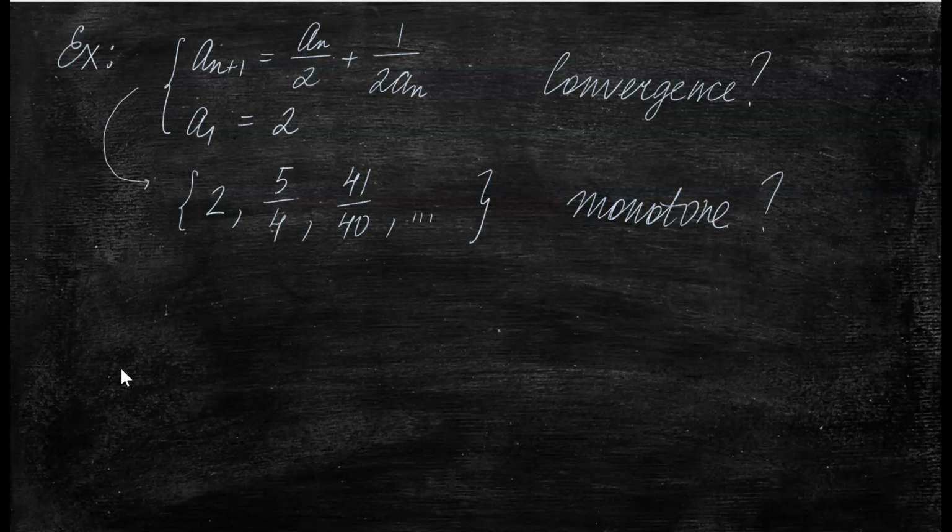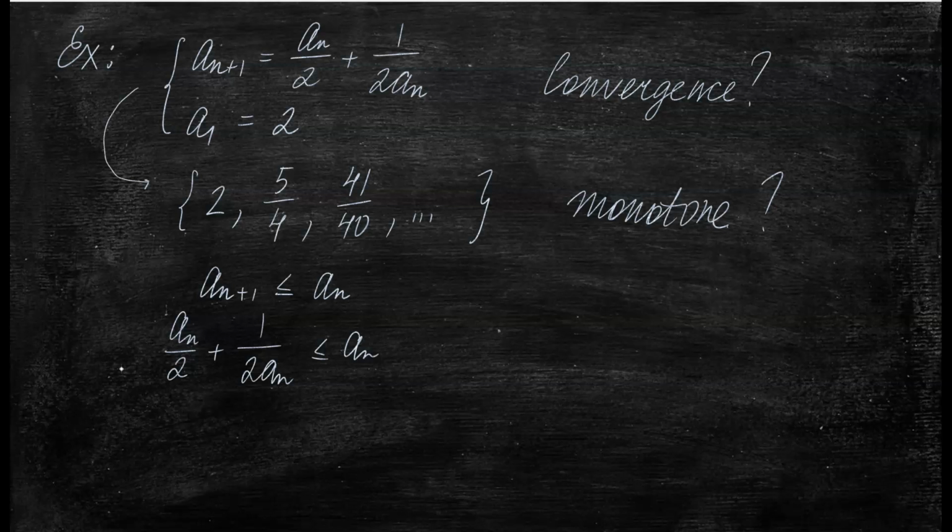To see if it's monotone or not, we have to check whether the successor is always less than or equal to its predecessor. How do we do that? Well, we have a recursive formula for the n plus 1th term, so it relates to the predecessor like this, and we just have to make sure that this inequality always holds.